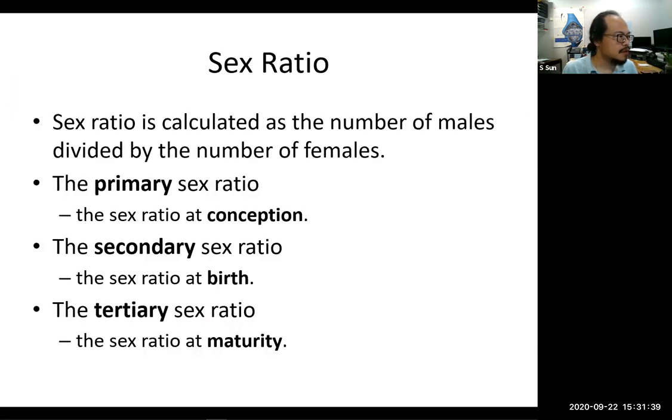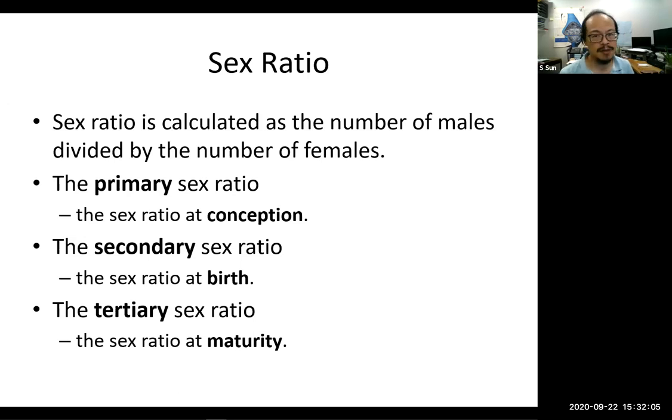All right. So another topic is called sex ratio. This sex ratio can be determined at different times. Sex ratio is the number of males versus females. This can be determined at the time of conception, so that is the XX versus XY.